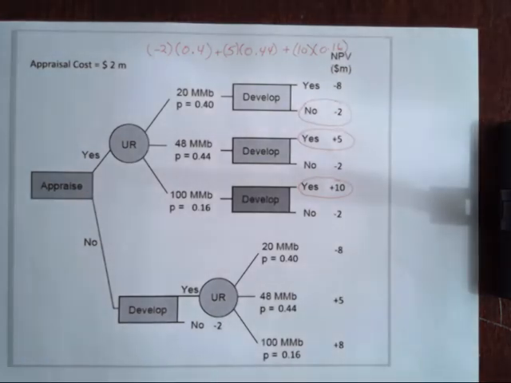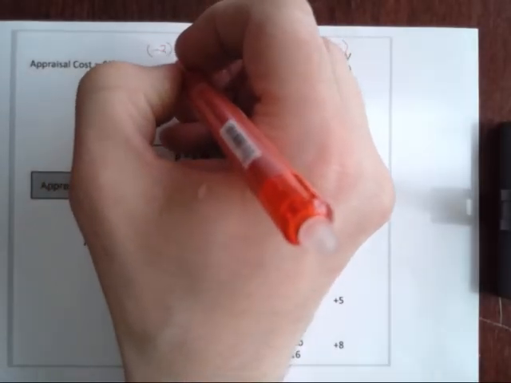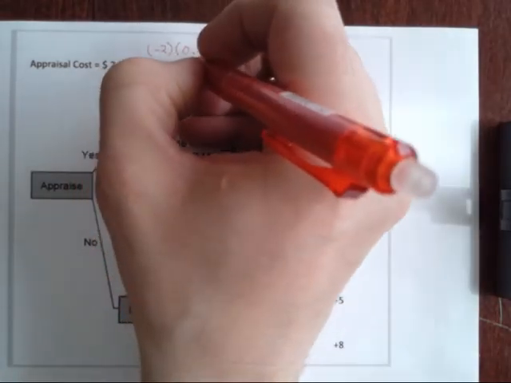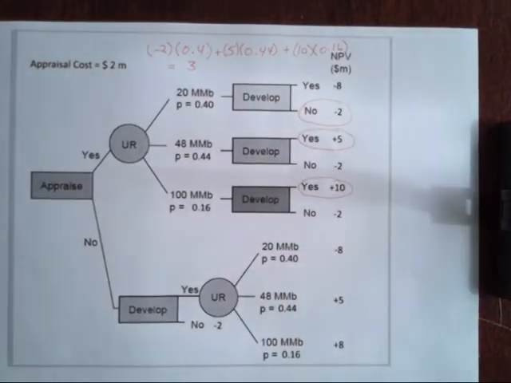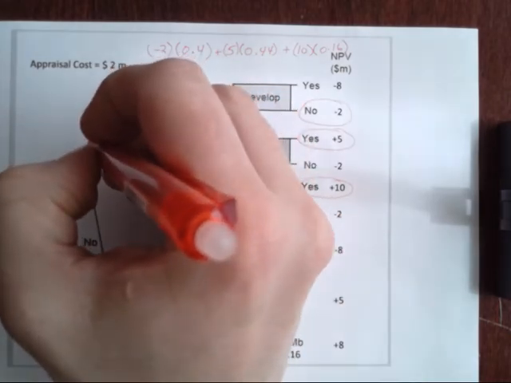Okay. Adding all those 3 together, if you do the math on that, you end up with a value of $3 million. So adding all that together is equal to 3. And the 3 in this case would be the value that comes out on the other side of that block.